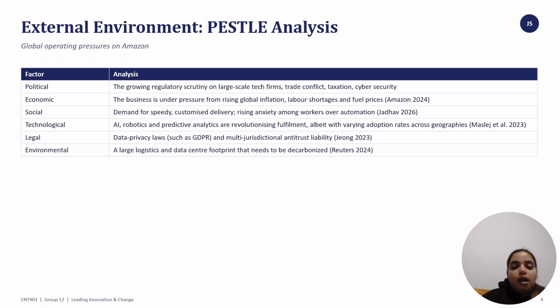Technologically, AI and robotics are transforming fulfillment, but adoption isn't even across regions. Legally, data privacy laws like GDPR and antitrust risks are constant considerations. And finally, environmentally, there is ongoing pressure to decarbonize a huge logistics and data center footprint. Together, these factors show why a one-size-fits-all global strategy is becoming harder to sustain.